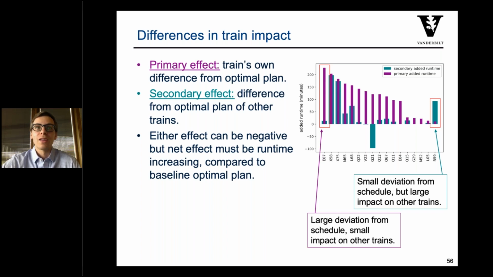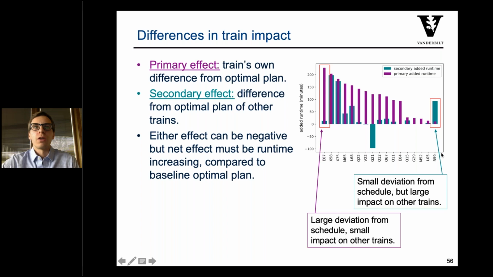So this train had somewhere on the order of a 10-to-1 effect in terms of primary versus secondary effect. And interestingly, you see this negative effect that I mentioned here, where in fact allowing train G21's original runtime to increase actually allows other trains to decrease their runtime. But of course, the net effect here is still positive.